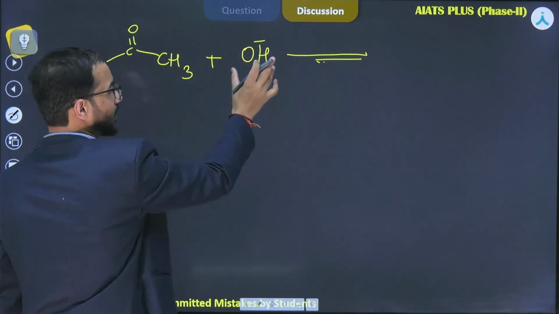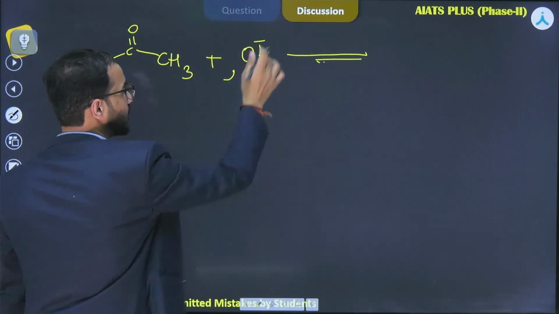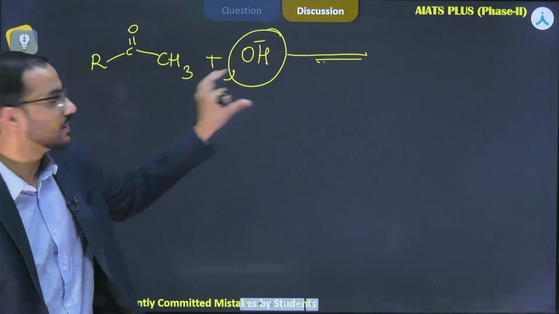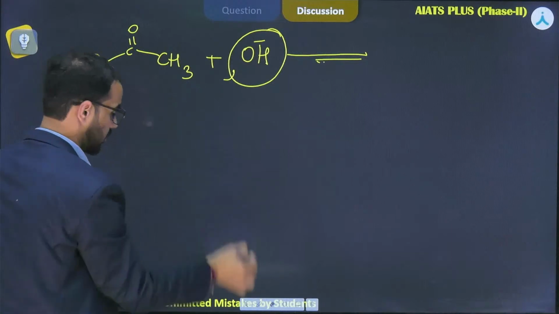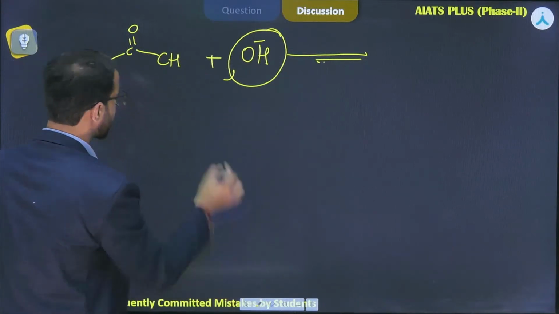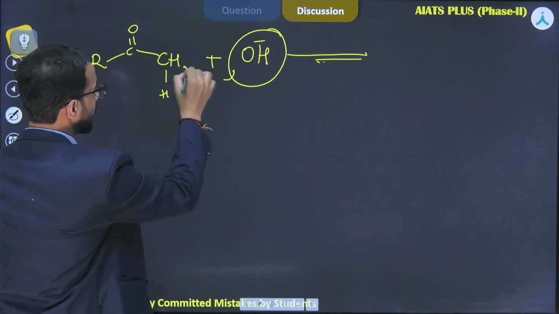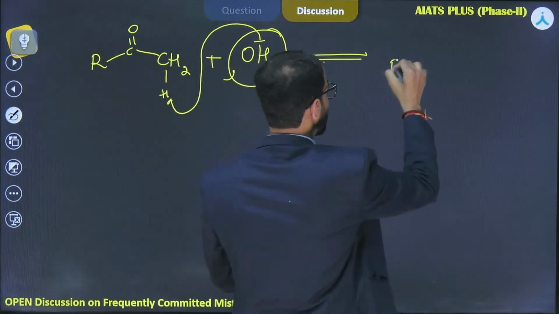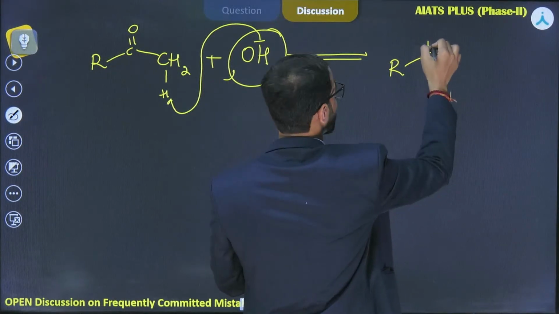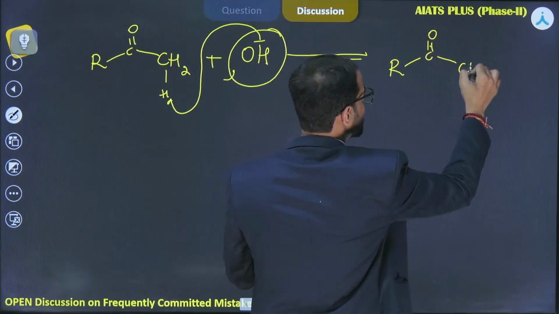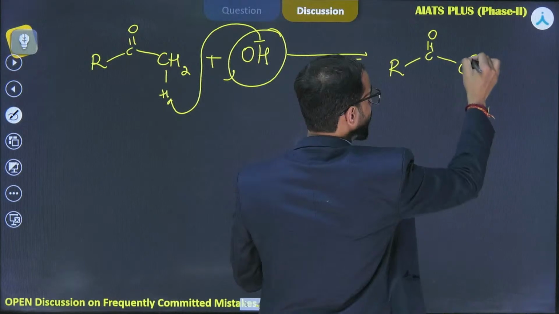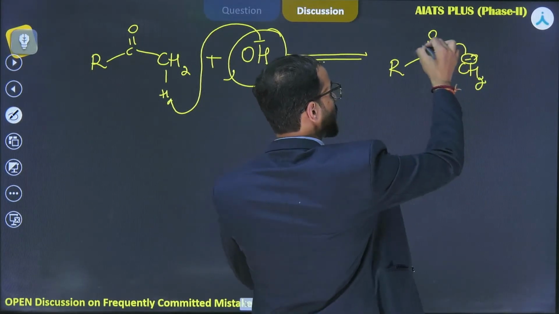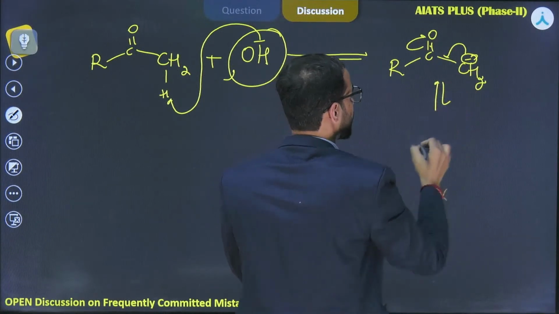This OH negative is basic, and this is the hydrogen over here. It will abstract that proton and yield R C double bond O CH2 minus, and the negative charge formed is somewhat stabilized with the help of resonance.